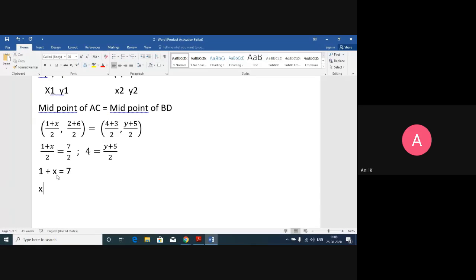Then I get x value equals 6. Similarly, here 2 will go as a product with 4, so it will be 4 times 2, 8, equals y plus 5. In the next step, y equals 5 minus 8, which is minus 3. Therefore, x value is 6 and y value is minus 3.